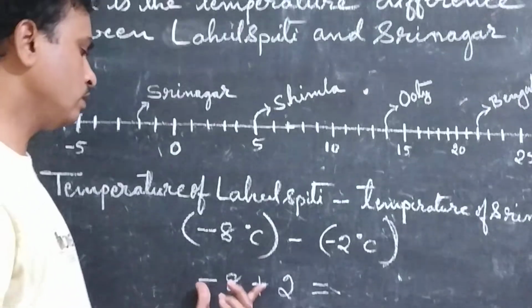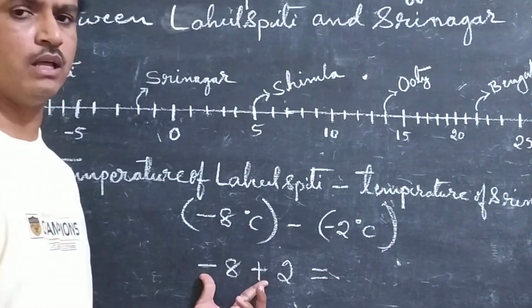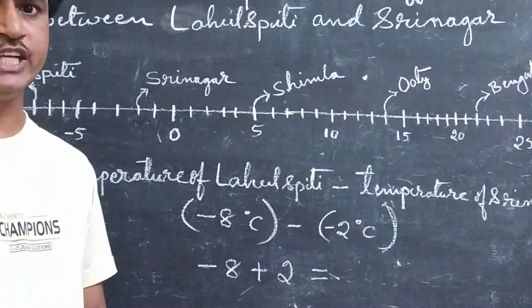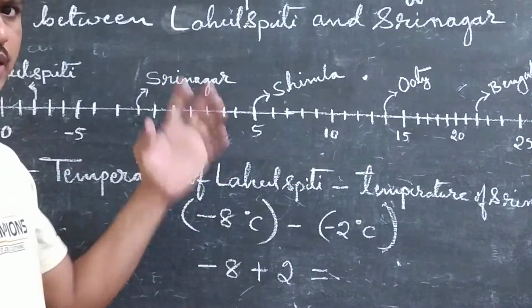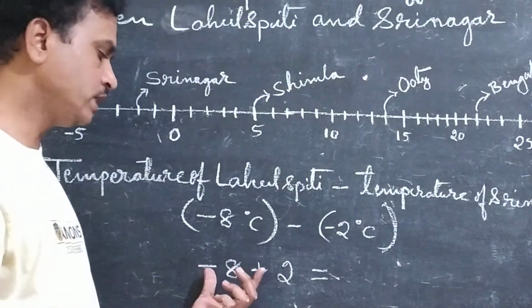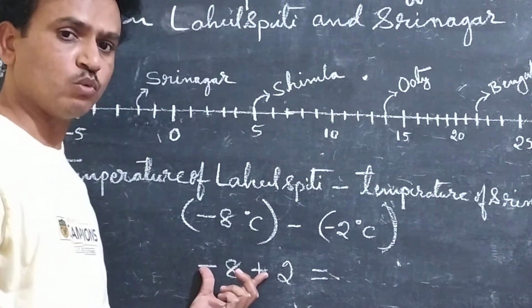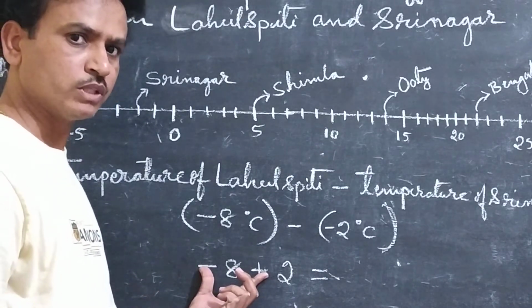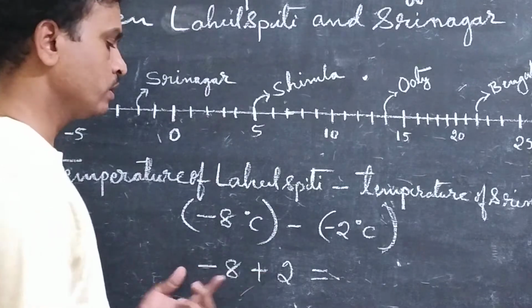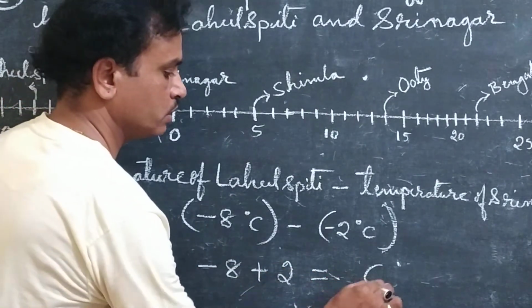Now here both are opposite signs. You have already studied the rules of addition before starting this exercise, so just recall it. Both are opposite signs, so what should we do? Subtract. 8 minus 2 is 6.